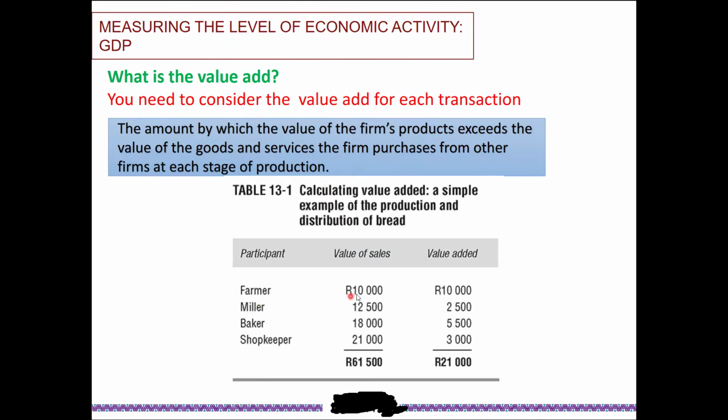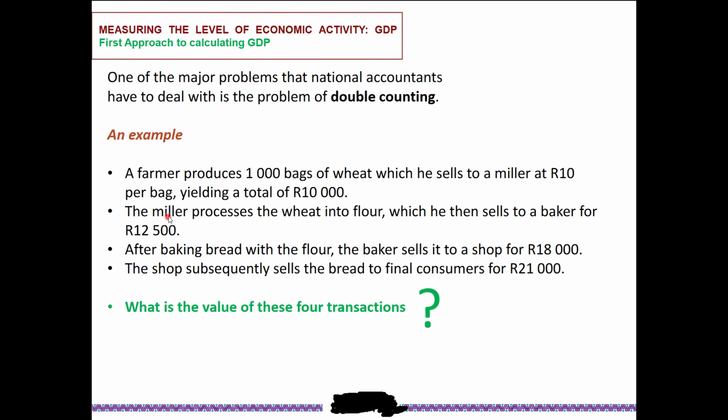So you can see here, the farmer has the value of sale as 10,000 and the value which is added is 10,000. Then the farmer sells this to a miller and gets 10,000 obviously for selling this. Then the miller produces the wheat into flour, which he then sells to the baker for 12,500, right?